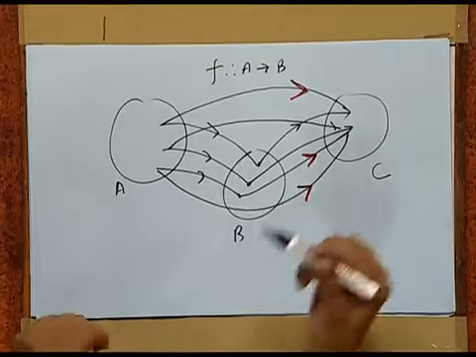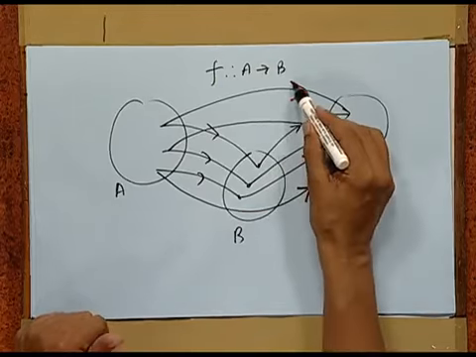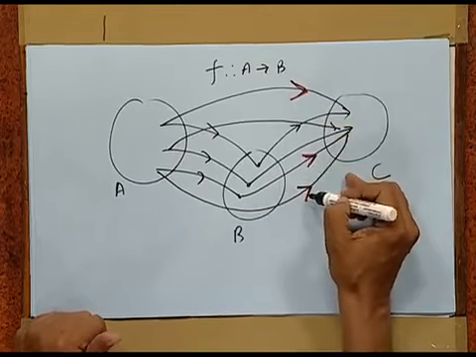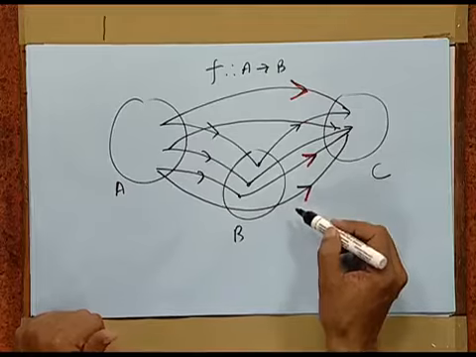Now the linkage with red arrows gives a combined function from A to C.